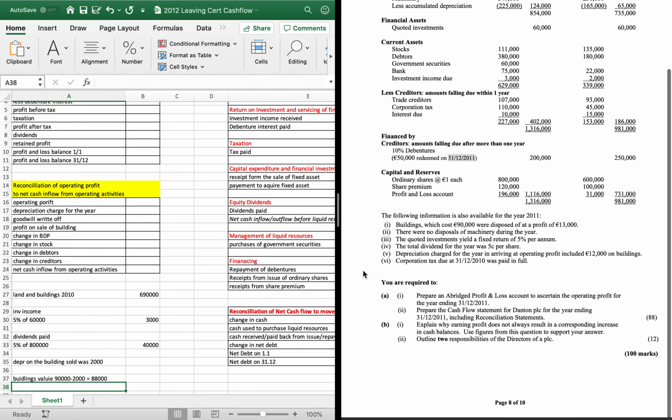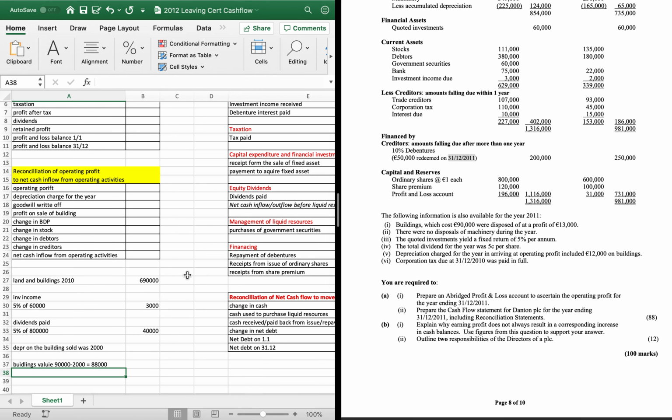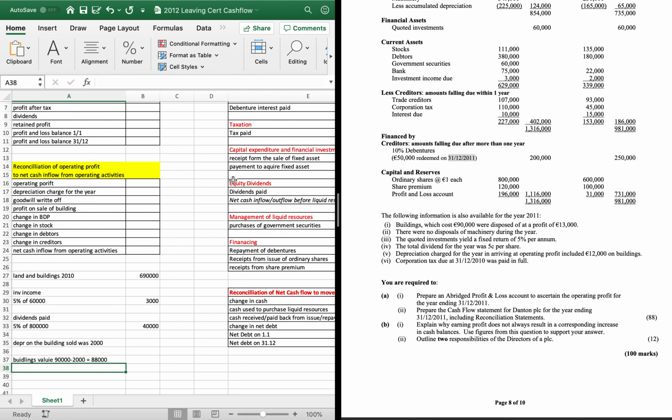And where all this is getting to is that at some stage we're going to need to know how much we got for the buildings when we do the receipt from the sale of fixed assets. If we made a 13,000 euro profit on a building that was worth 88,000, the receipt from the sale of the building has to be 88,000 plus 13,000, which is going to be 101,000.